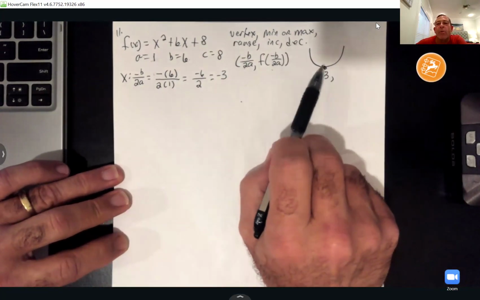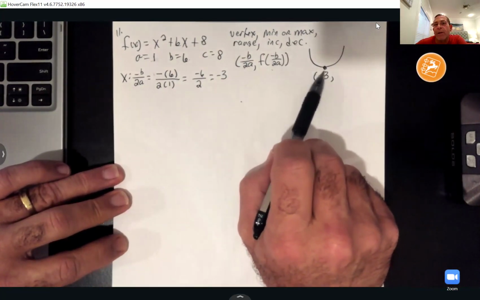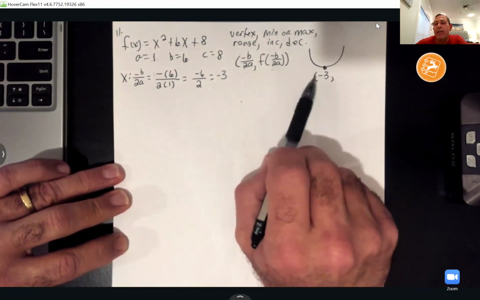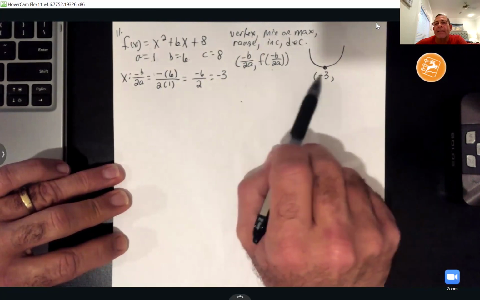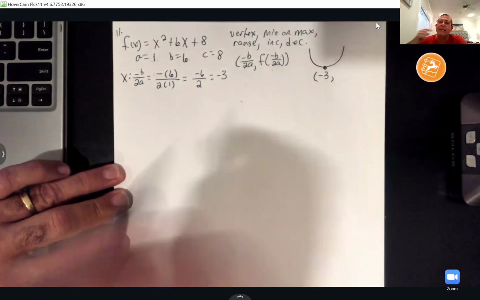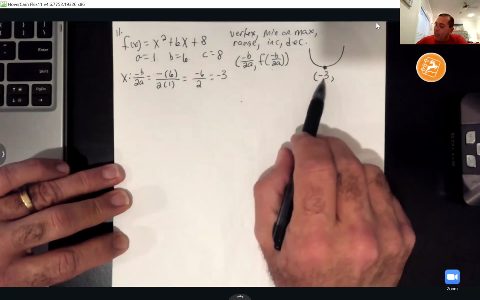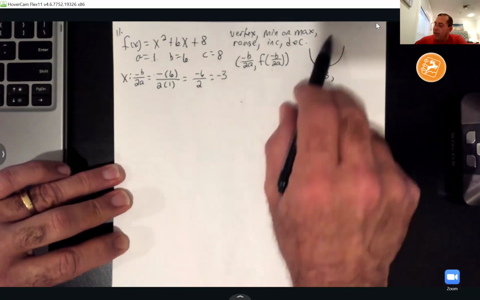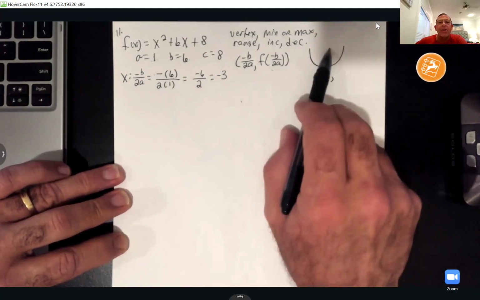Now, the negative 3 will help me with my intervals of increasing and decreasing, remember, because when we do increasing and decreasing, we want the beginning x and the ending x's. So the 3 will help us on the increasing and decreasing. The range will be determined by the y values.